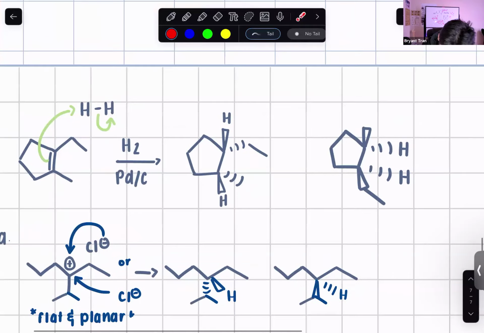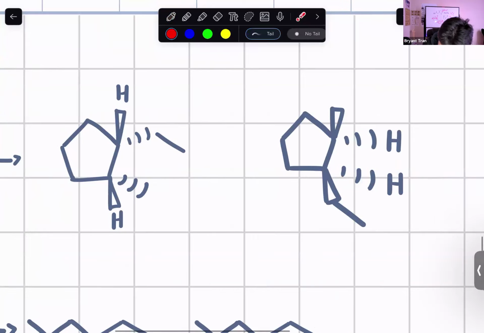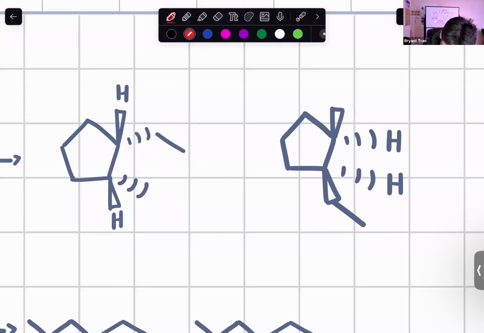Let me see if these are actually enantiomers, because I see that you reversed the ethyl and methyl groups' spots, and that might mess up the chiral center. Let's say this is the red chiral center, with the ethyl group, and this is the blue chiral center.